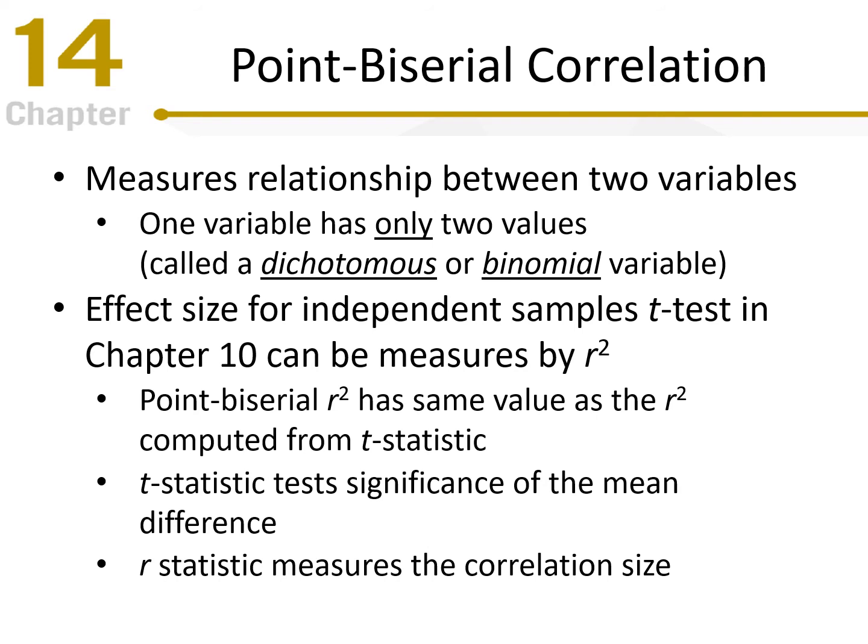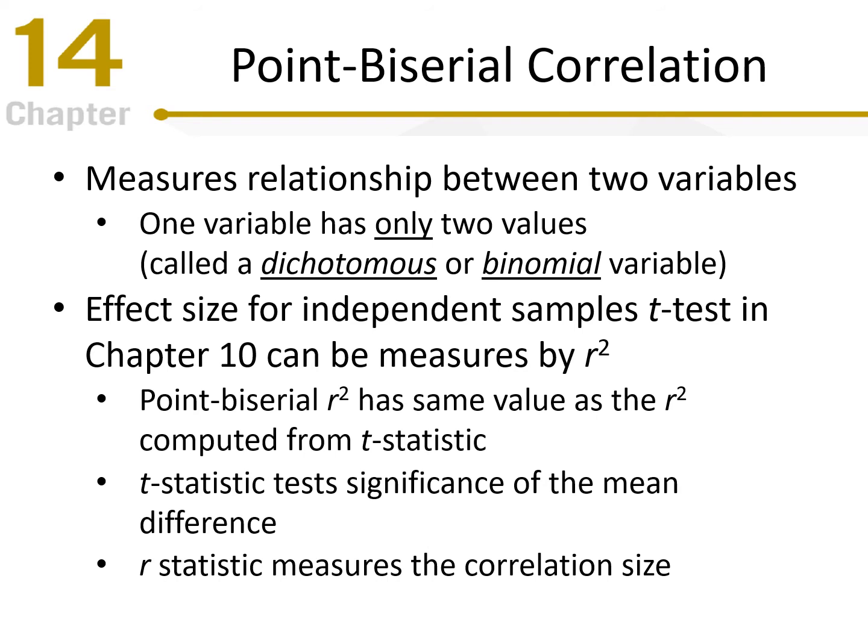And personally, I prefer calculating a t-test versus calculating a point-biserial correlation, because I just don't find the point-biserial correlation to be as direct. It seems like sort of a runaround for looking at the mean differences. Yes, if you have a high point-biserial correlation, then there's going to be a difference between the two groups.